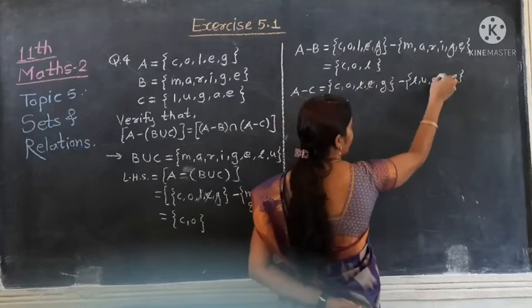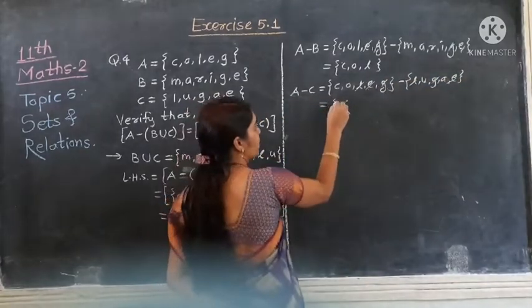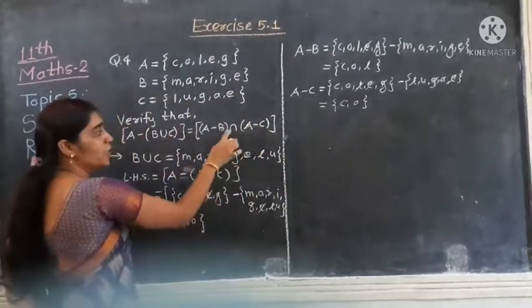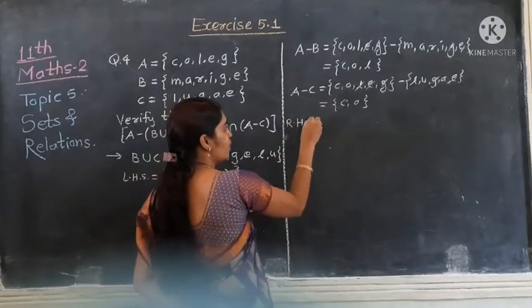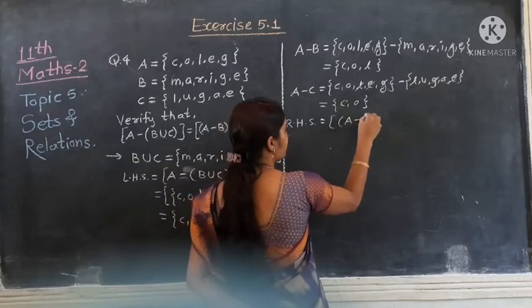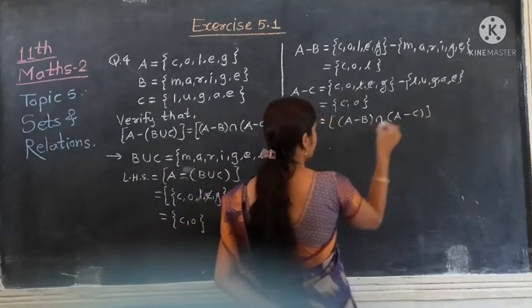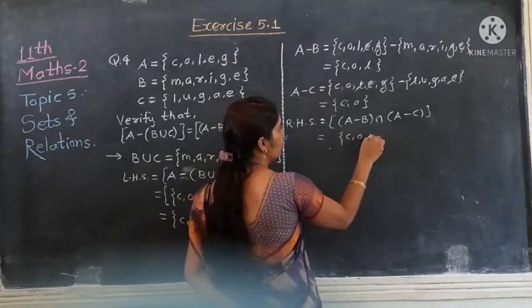E and G get cancelled. All these get cancelled from this. So only C, O remains. We want the intersection of these two sets. So we write RHS. RHS is equal to A minus B intersection A minus C. What is A minus B? C, O, L.